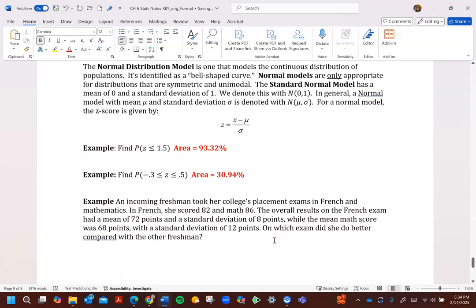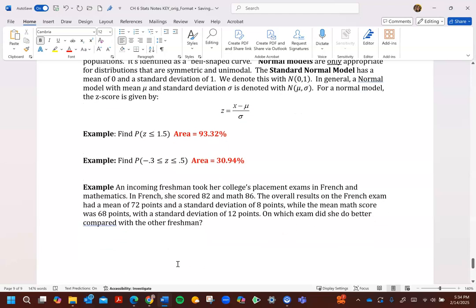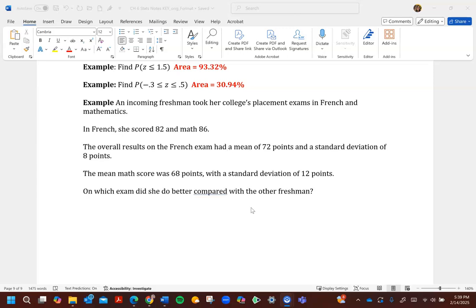Okay, one last example here. An incoming freshman took her college's placement exams in French and mathematics, and we need to compare them. We want to look at which one she did better on compared to the other freshmen.